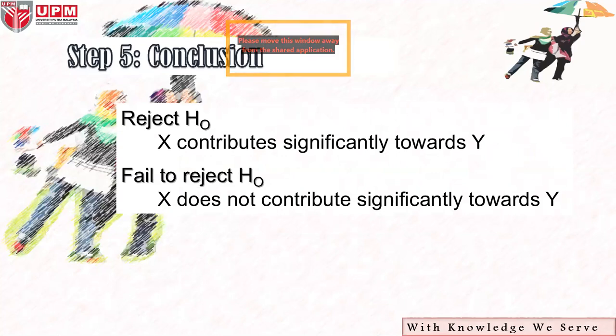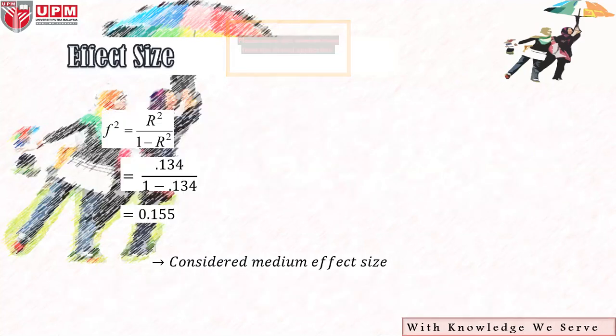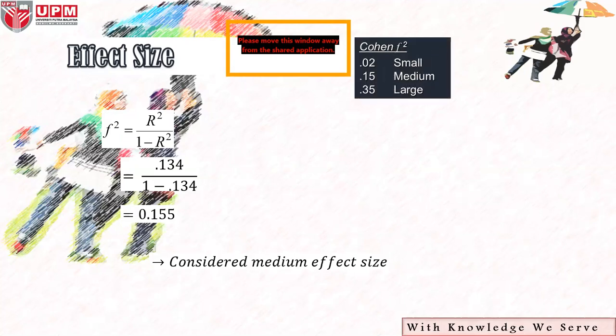This is the conclusion. Then we calculate our effect size. After we insert the value of R squared into our model, the value equals 0.155, considered a medium effect size according to Cohen's rule of thumb.